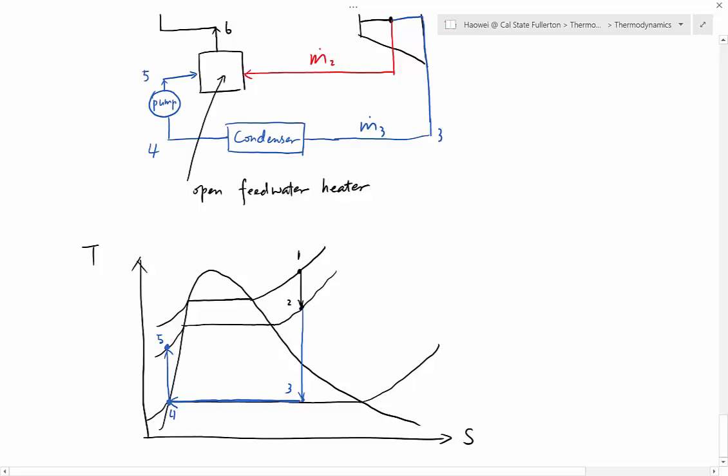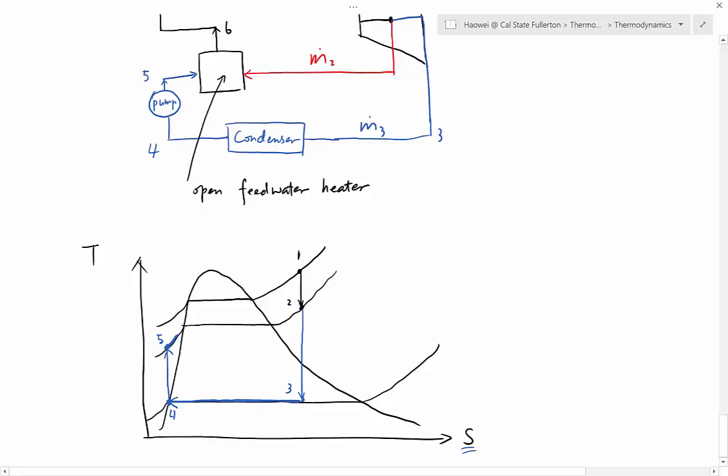If you gain heat, you also gain entropy. So entropy must become bigger. The x coordinate becomes bigger. If the x coordinate becomes bigger, you should move to the right. And in this open feed water heater, it's a constant pressure process. So 5 to 6 should be along this constant pressure line and to the right.